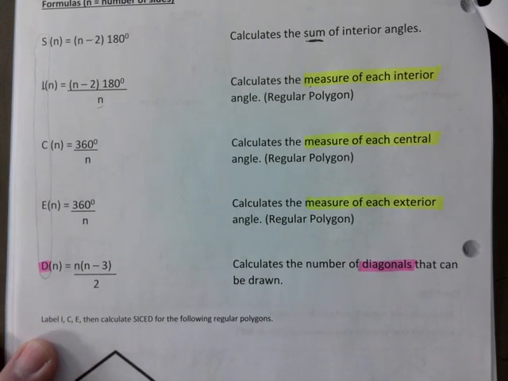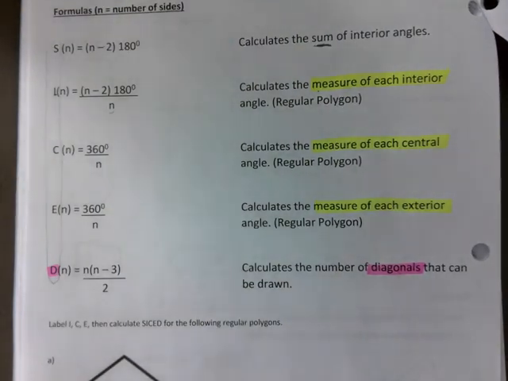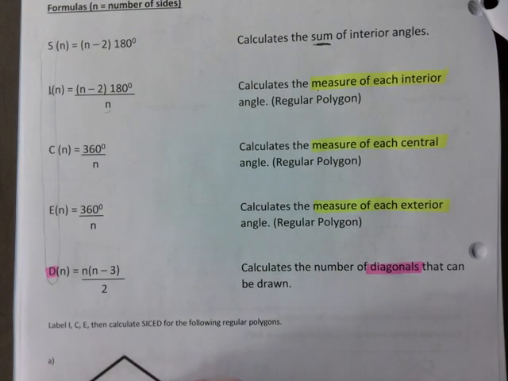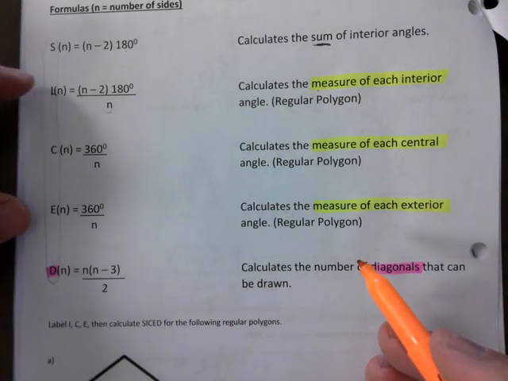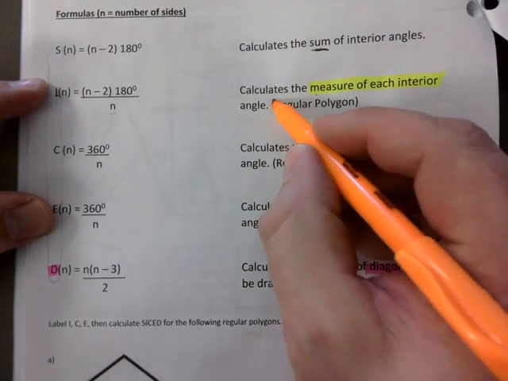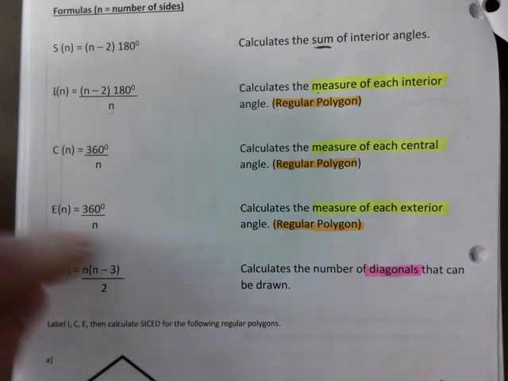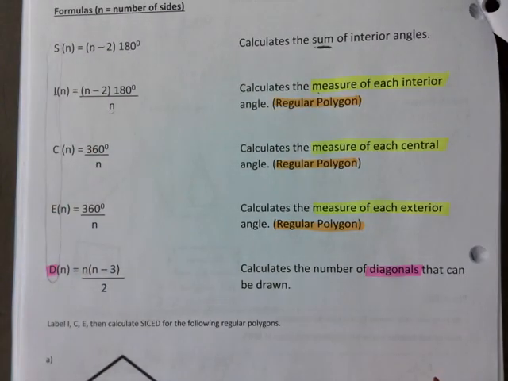You use that formula. I need you to understand that you can't use all of them in every circumstance. I, C and E, the middle three here, okay? These three will only work if it's in fact a regular polygon where we're assuming all angles are the same, okay?